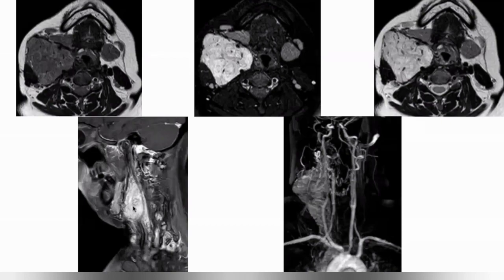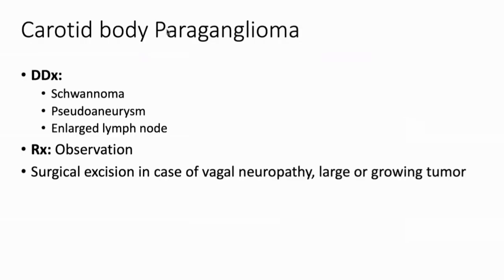And I'll go through some of the teaching points. The differential diagnosis of carotid sheath tumors includes schwannoma, as you discussed, and a pseudoaneurysm coming from the carotid artery or an enlarged lymph node in the carotid space. So we have to differentiate these from paraganglioma. And another thing is that we can diagnose paragangliomas by having a DOTA PET scan or octreotide scan or MIBG scan.